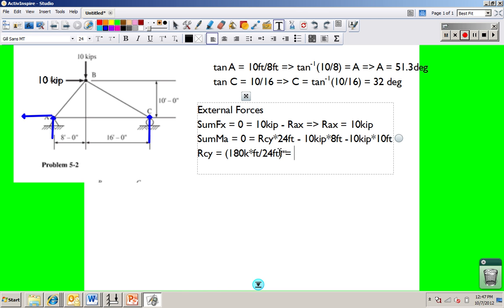Okay, and if I've done my math right, that should be about 7.5, I think. 180 divided by 24, yep, 7.5 kips.